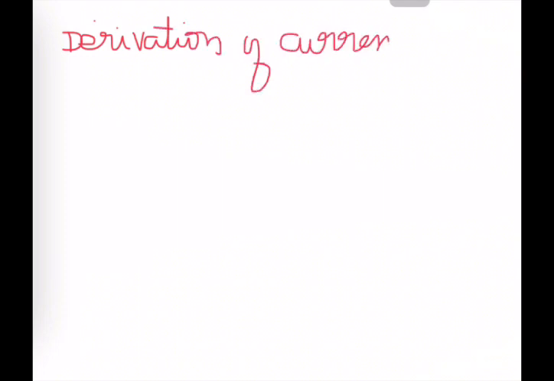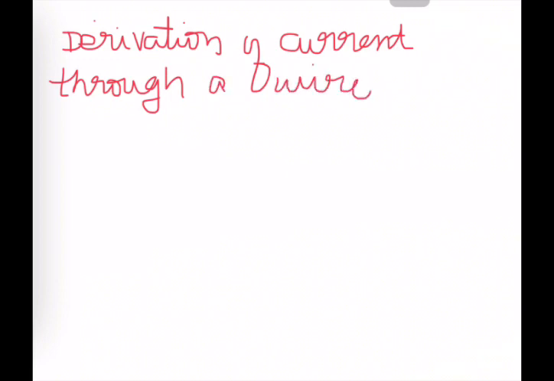Derive an expression for current through a conductor in terms of drift velocity. So, derivation of the current passing through a wire in terms of drift velocity.